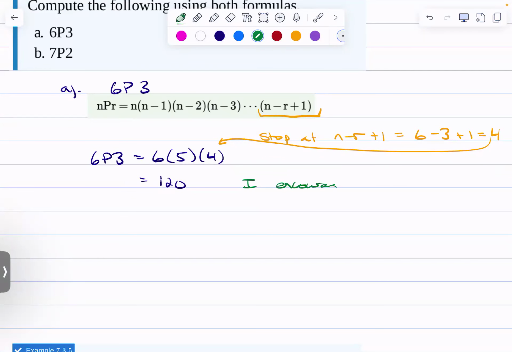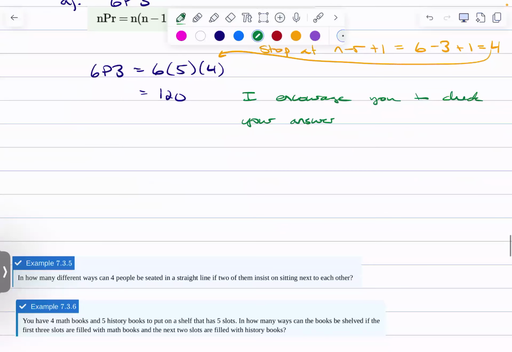I encourage you to check your answer using the nPr button on your calculator.